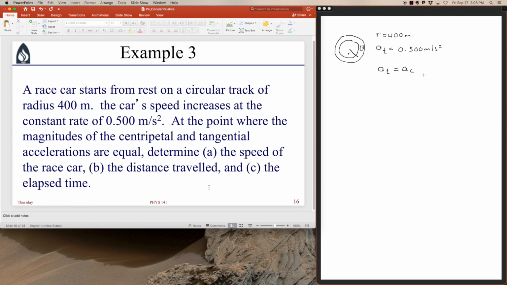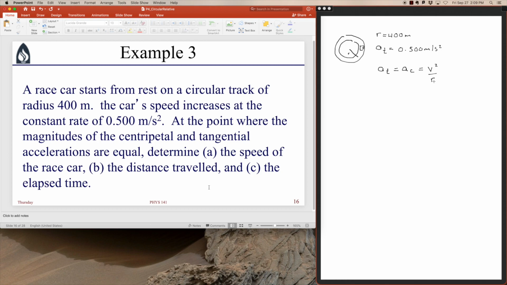Well, I already have a value for the tangential acceleration, and I know that at the point I'm interested in, the tangential acceleration is equal to the centripetal acceleration. One other thing I know is that centripetal acceleration is always equal to v squared over r, where v is the speed.